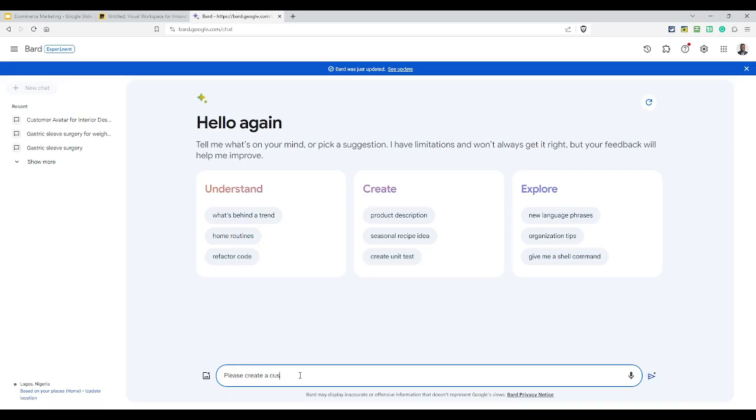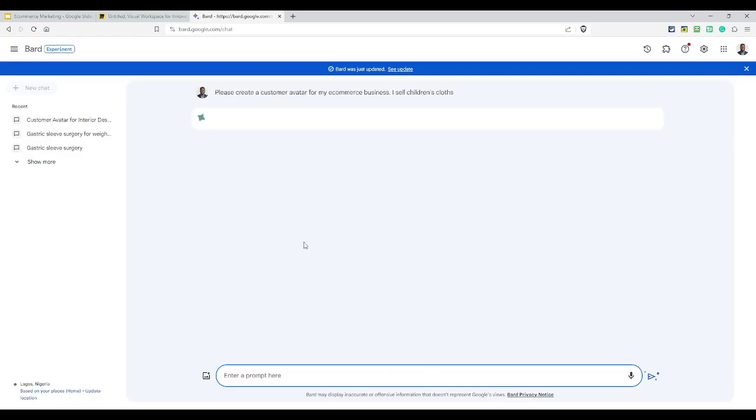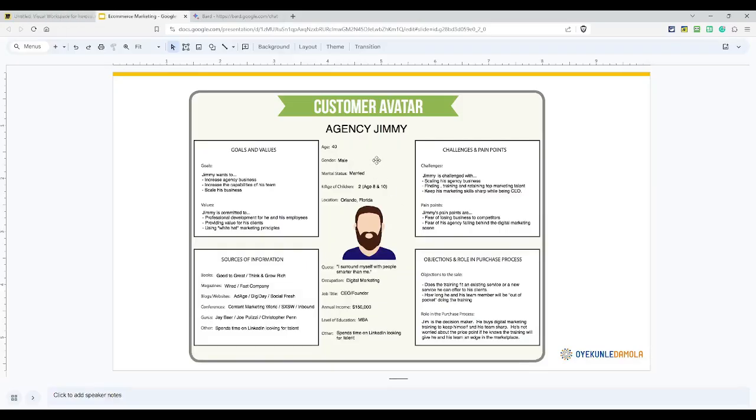Please create a customer avatar for my e-commerce business. I sell children's clothes. And then you press enter, and basically Google is going to give you your customer avatar, literally giving you all these details.